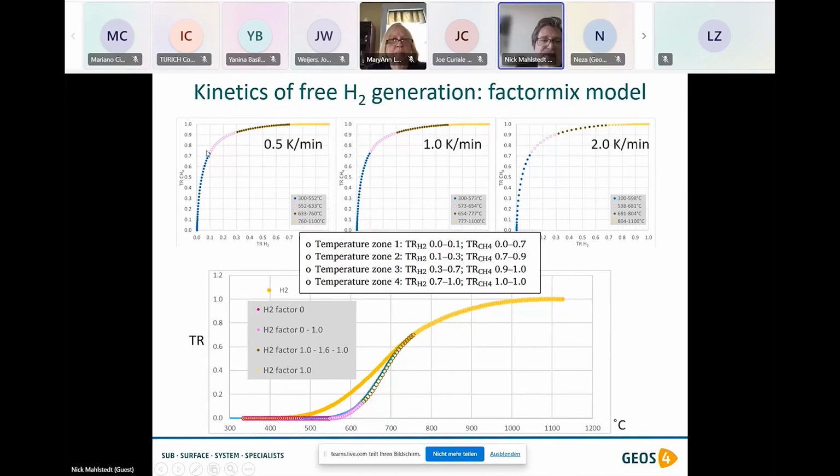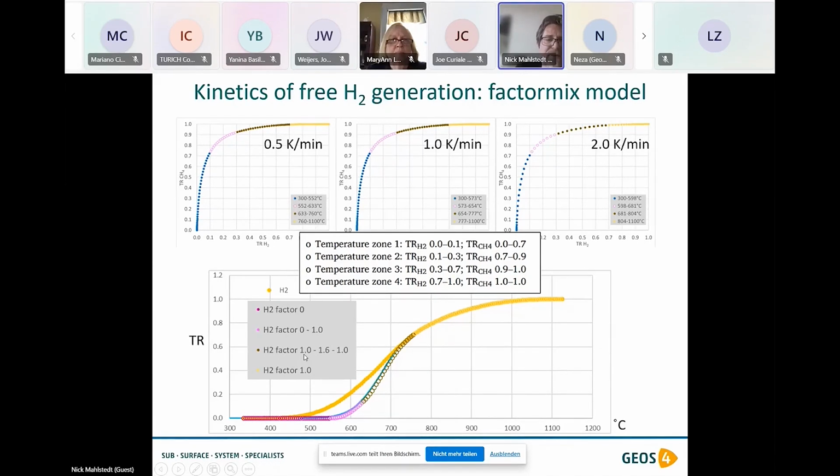In the second temperature zone, hydrogen generation accelerates a little bit, and methane generation becomes slower. In this zone, adjustment factors increase from 0 to 1. In the third zone, methane generation dies off, and we have the main stage of hydrogen generation.